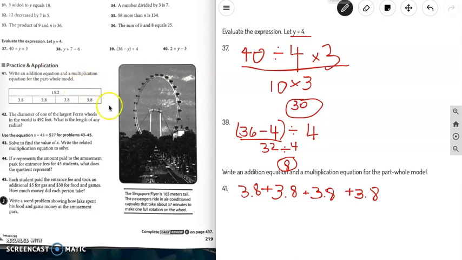What about the multiplication equation? How can we make this into a multiplication equation, guys? If you said we just have to do 3.8 times the number of 3.8, which is 1, 2, 3, 4, then you are correct. And you are a genius. Great job. Let's go on to the last section.